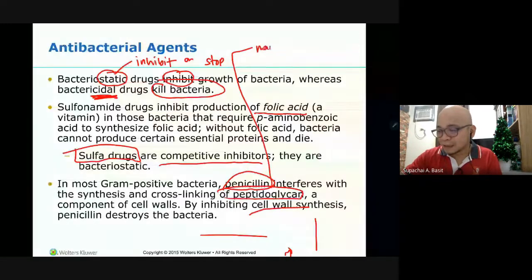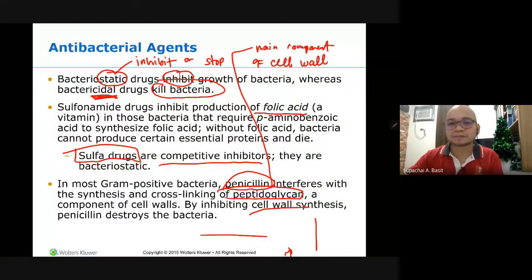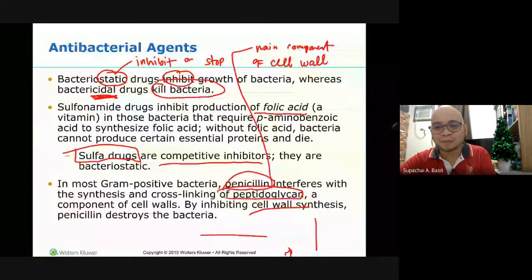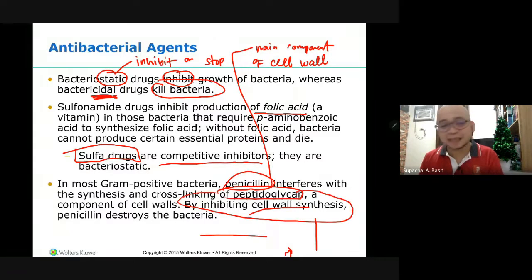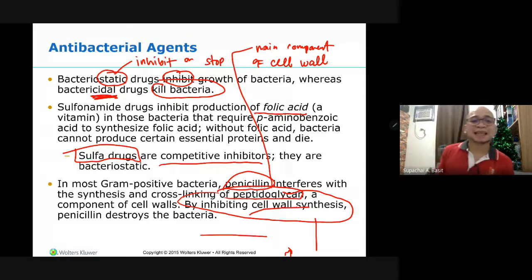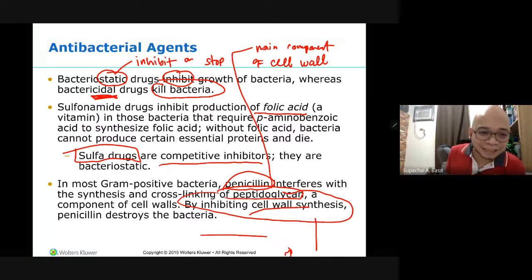Peptidoglycan is the main component of the cell wall. If peptidoglycan synthesis is inhibited, bacteria will not be able to form a cell wall. Therefore, the action of penicillin is by inhibiting cell wall synthesis, and if the cell wall is not synthesized, eventually this will destroy the bacteria.